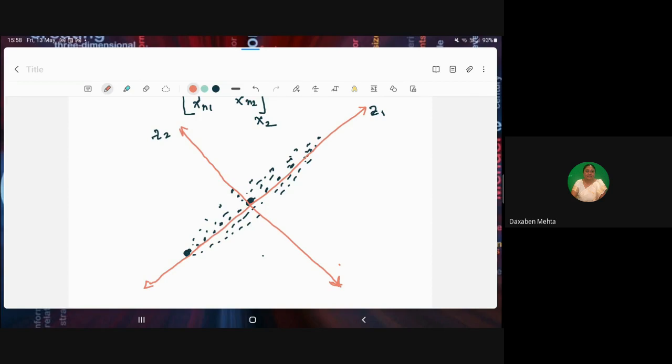So for x1, I found this is the extreme observation, extreme right, and this is the extreme left. Look at this, and the difference or variability is this. But for x2, I found this is the extreme, and this is the minimum and maximum. So the variability is this.